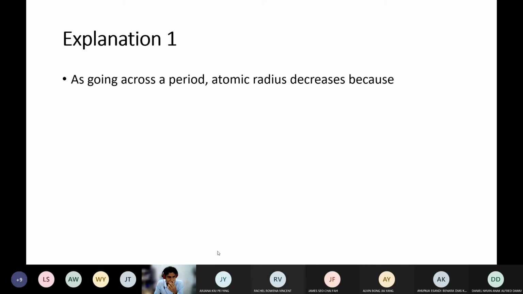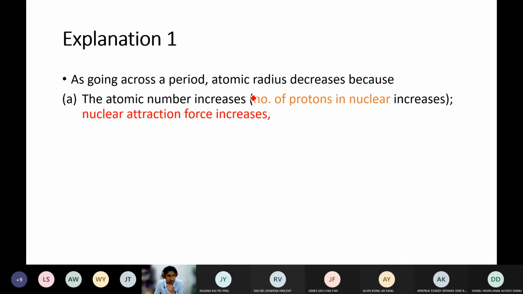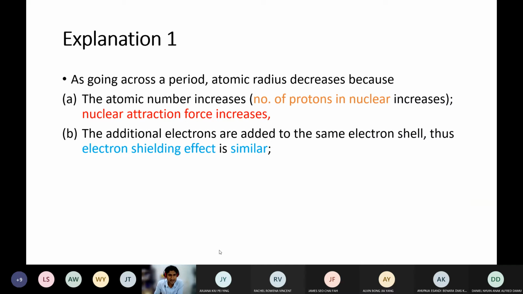The explanations we have already discussed tell why it is increasing and why it is decreasing. Going across the period, atomic radius decreases because the atomic number increases, and the nuclear attraction force, because of this heavy nucleus, is increasing. The additional electrons are added to the same electron shell, so the electron shielding effect is similar.